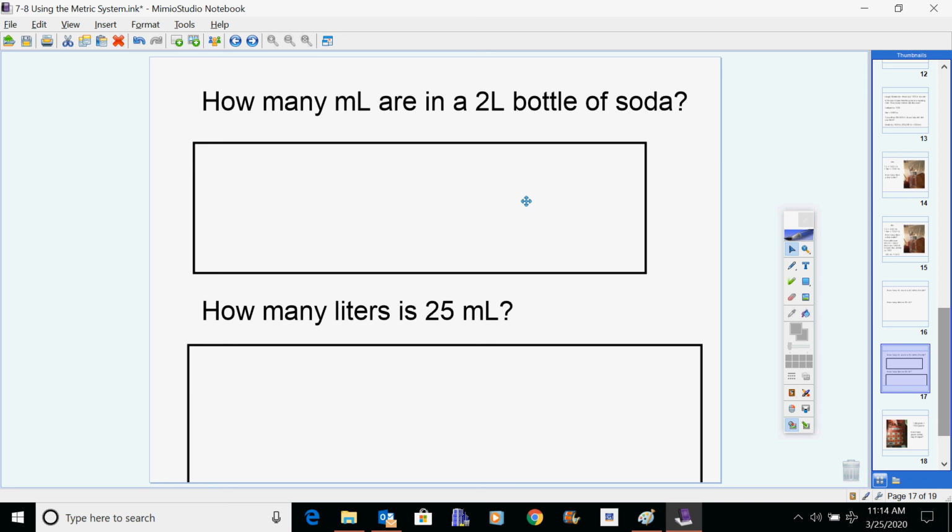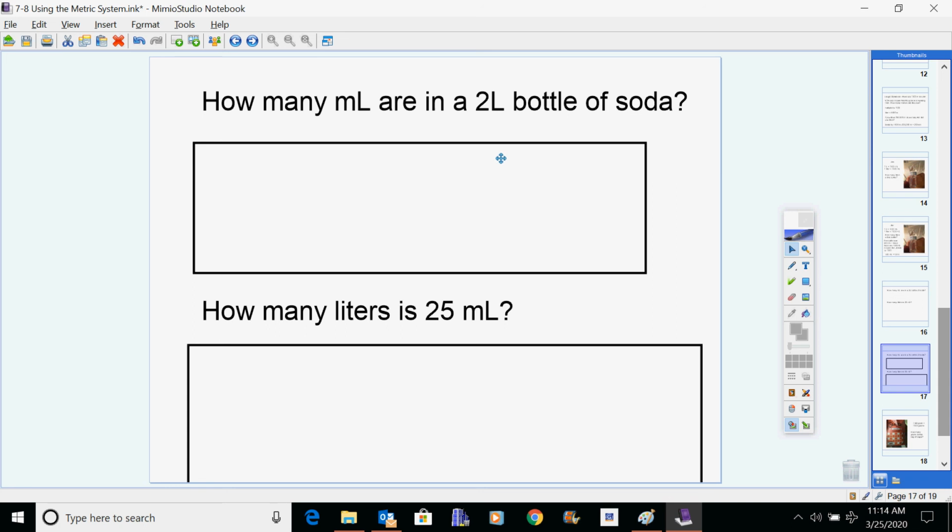If you were trying to figure out how much liquid 1 milliliter is, it's about that much. If you were able to make a little tiny cup that's just the size of the tip of your pinky finger, that would be a pretty close approximation to how much a milliliter is. A little tiny measurement like that.